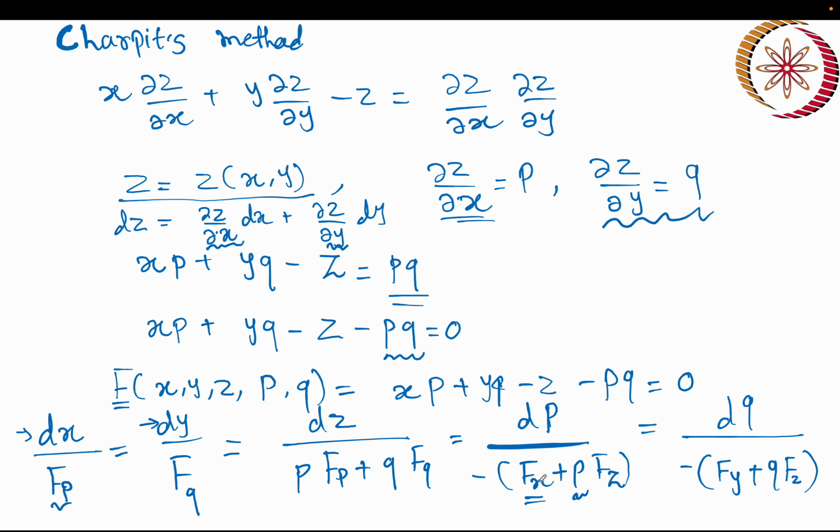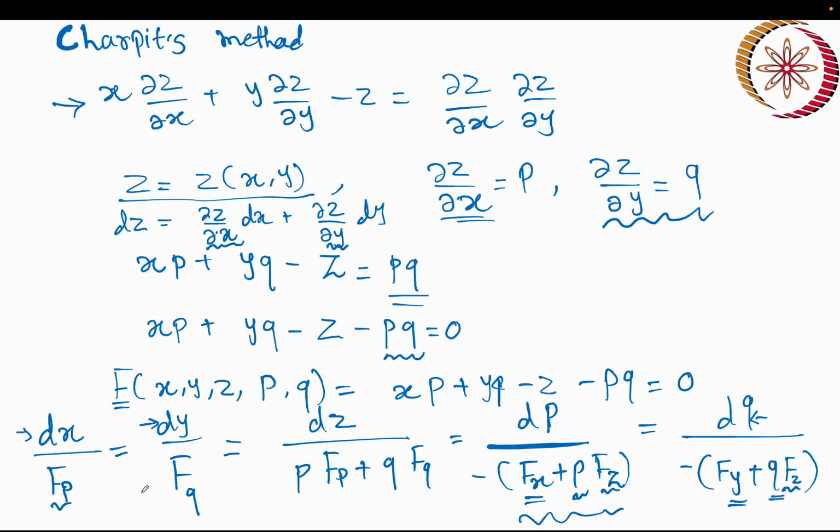And similarly you can change for y. So instead of p, q has come here, and instead of x, y has come here, and z is symmetric for x and y, so this term f of z has not changed. So this is the equation, and we'll see how we can use this relation to solve the equation that is given.